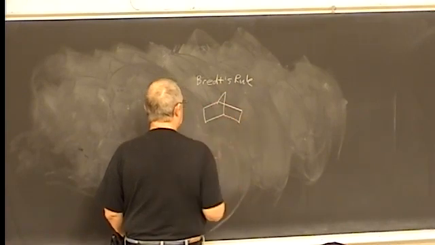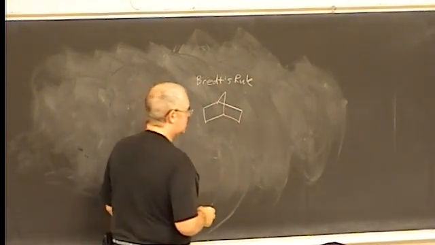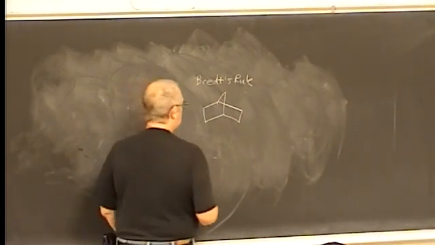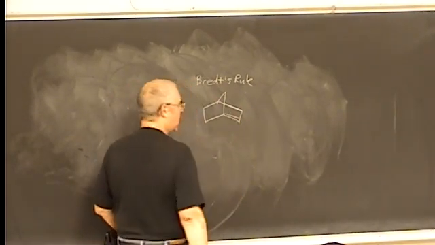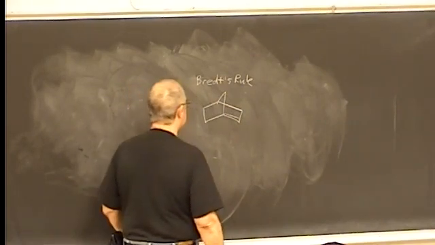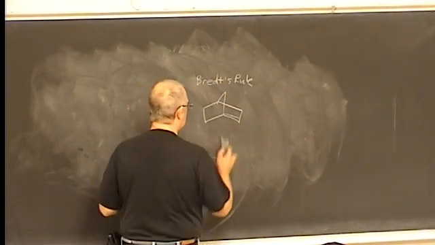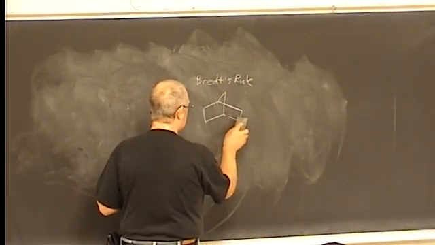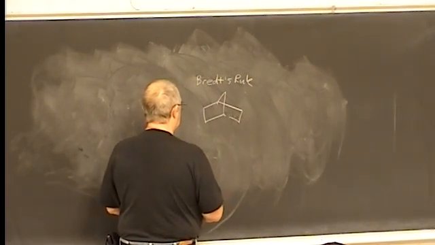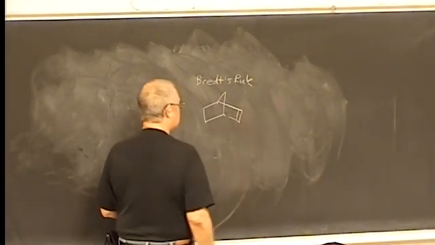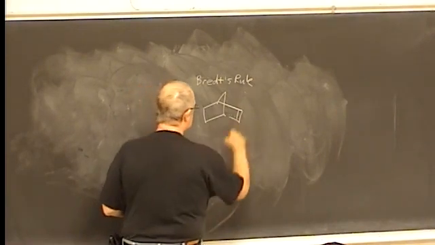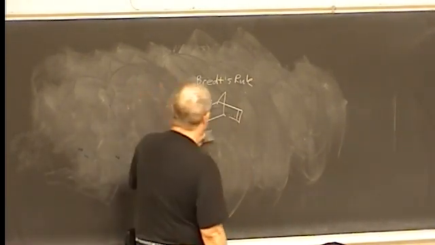Okay, so this is a small bicyclic system. Okay, we cannot have a double bond here. Okay, that's actually not even possible. Okay, this is okay because that's not at the bridgehead and it's a cis double bond.